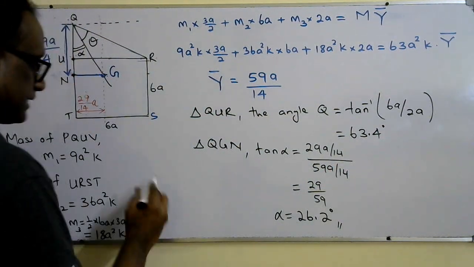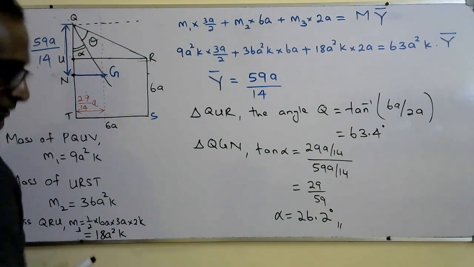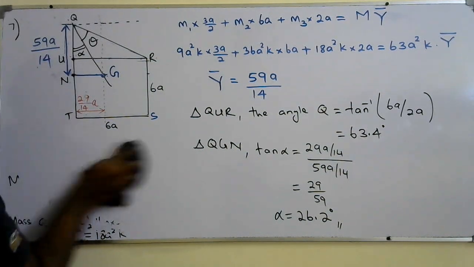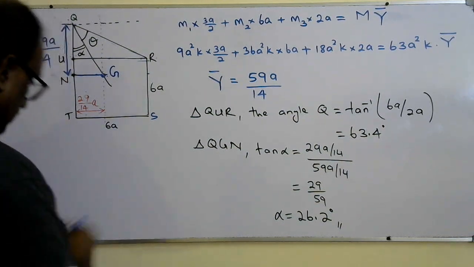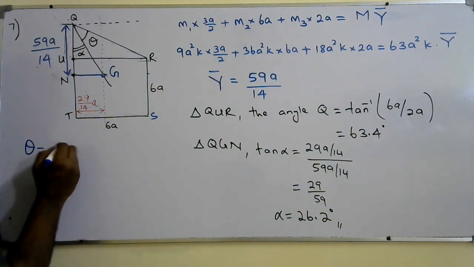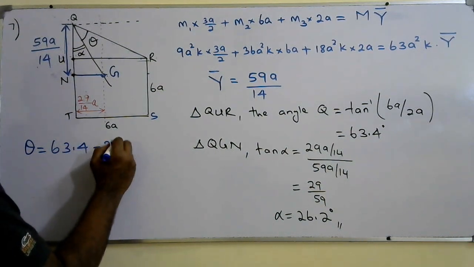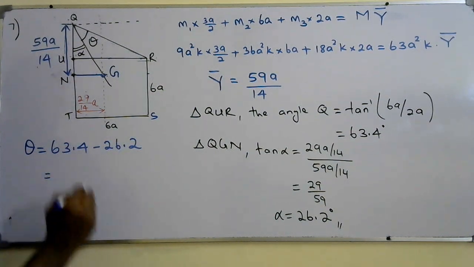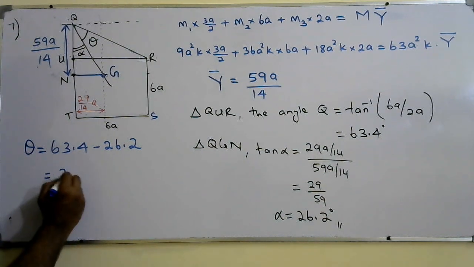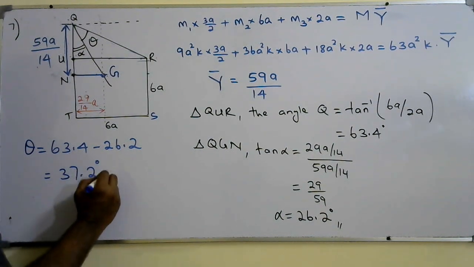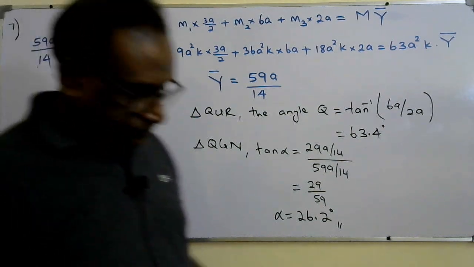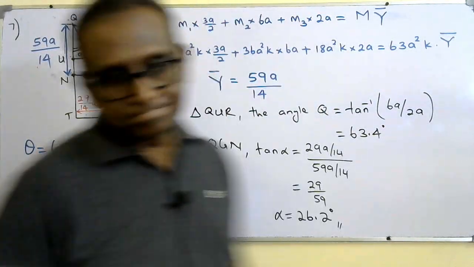So I'll write here the final, the theta is equal to 63.4 minus 26.2. So that will be 37.2 degree. Lot of working, but interesting question, is it?